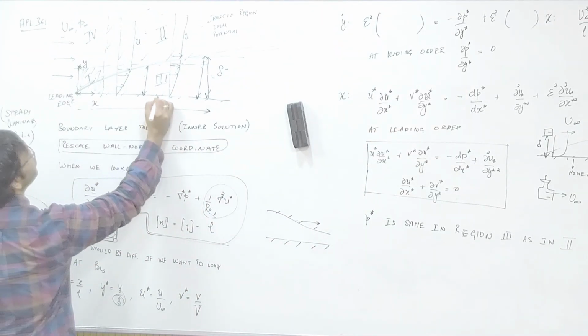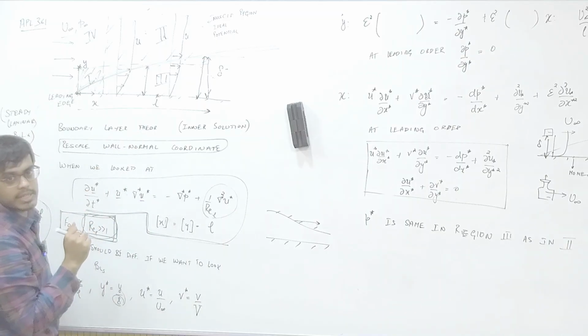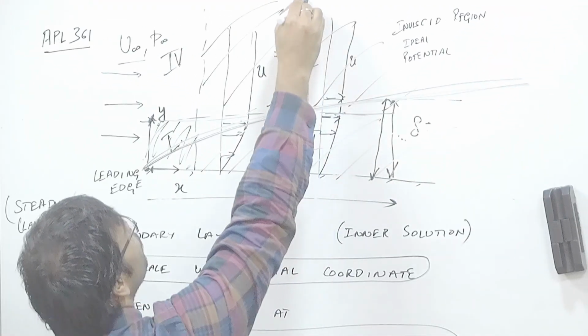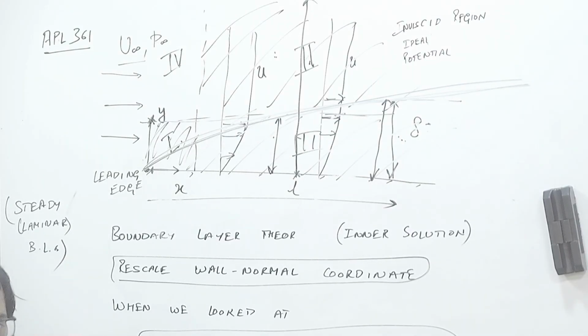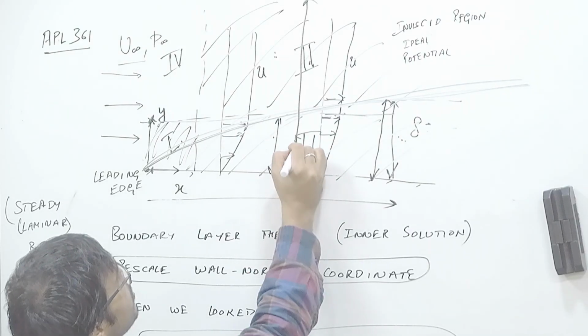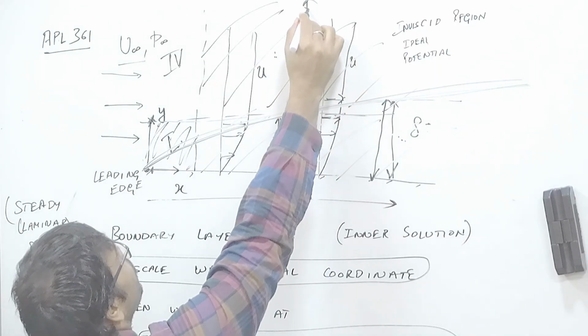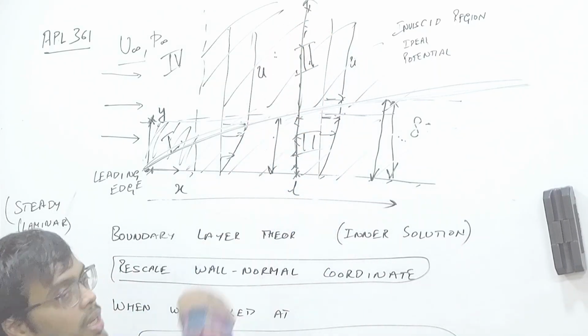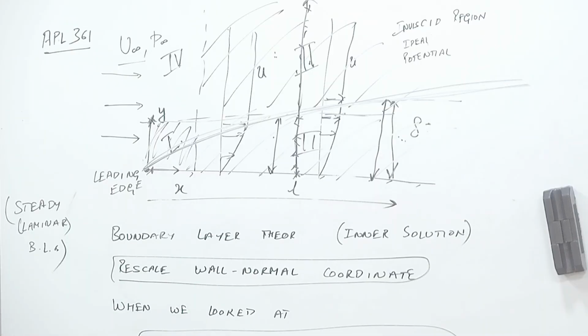So if you're looking at a particular x location and you move away from the wall, pressure is all constant and it's equal to whatever pressure you have anywhere inside region 3 at that x location.